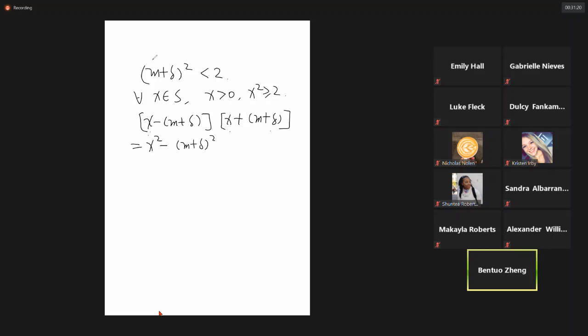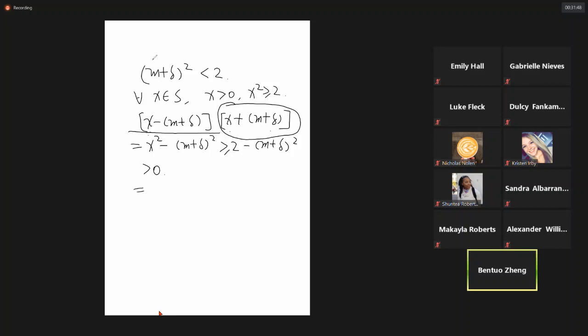So this is certainly greater than, because x squared is greater than or equal to 2, 2 minus m plus delta squared. But since m plus delta squared is less than 2, this is going to be strictly greater than 0. In other words, we showed x minus m plus delta times a positive number, x plus m plus delta, is greater than 0.